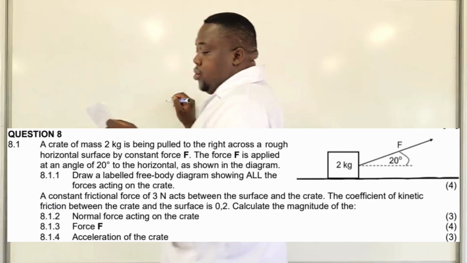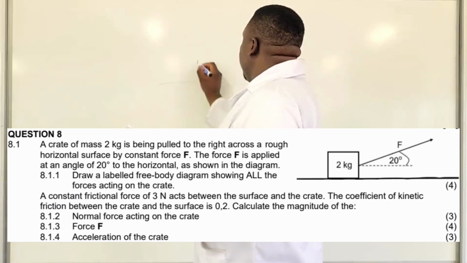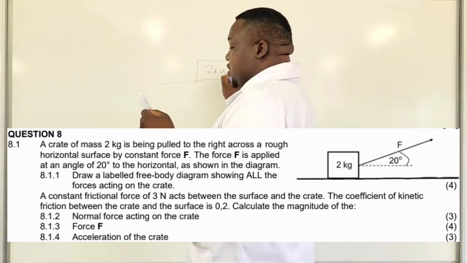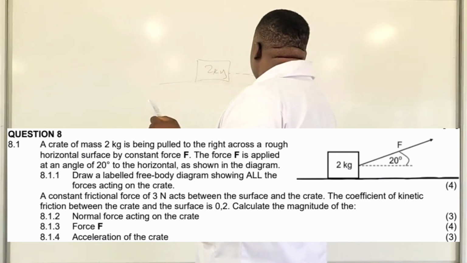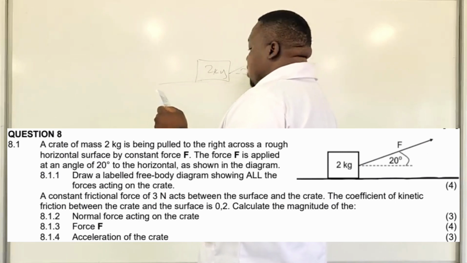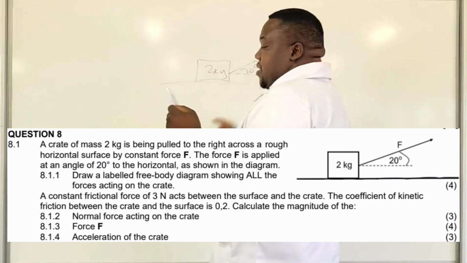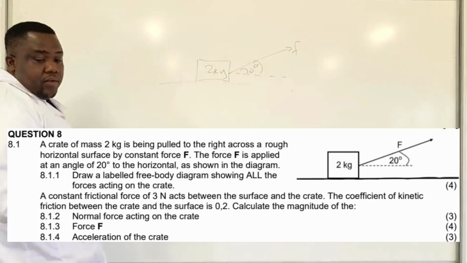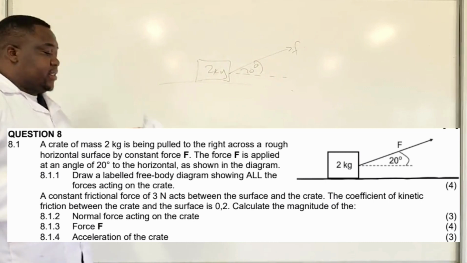Okay, so we have a crate which is on the surface, a crate of 2 kg. Then there is a force that is applied at an angle of 20 degrees. We are not given the magnitude of the force, and that is force F. So the question is like that.